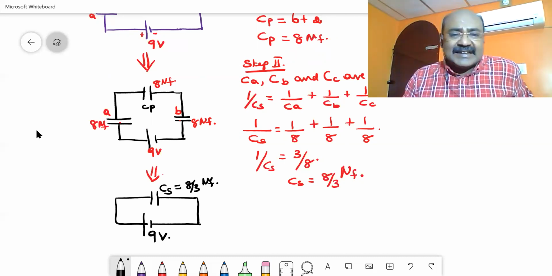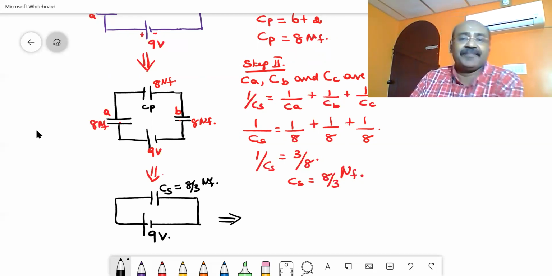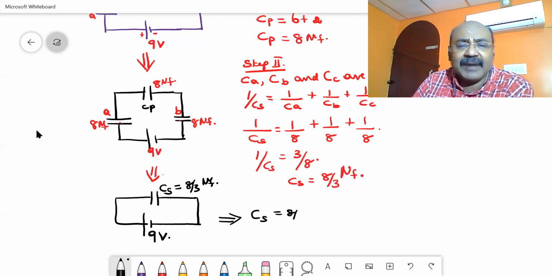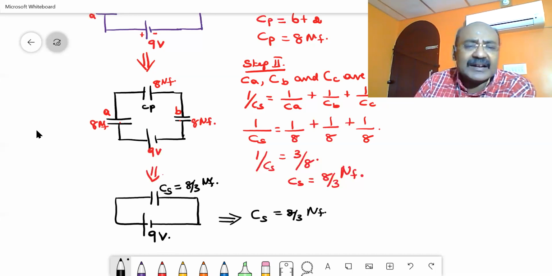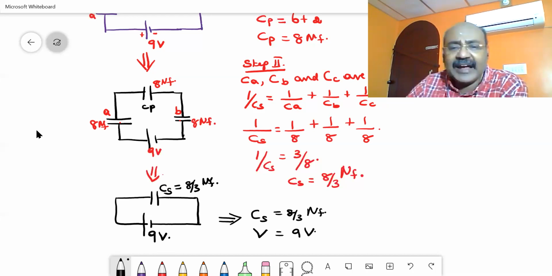Now let us consider the third and final step. Here you see CS, the effective capacitance, which is equal to 8/3 microfarad, and the potential is 9 volt. From this combination, I can calculate the charge.